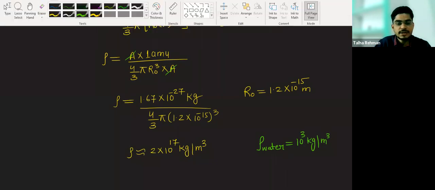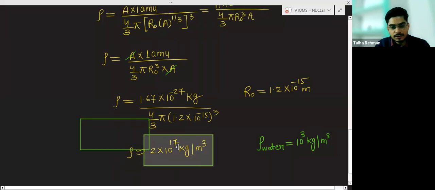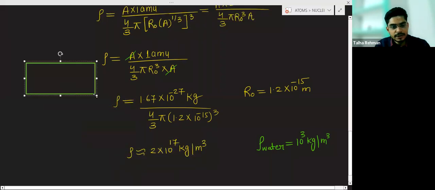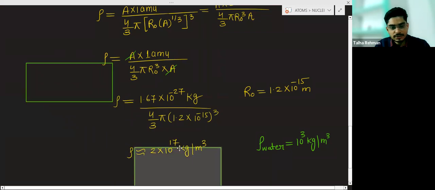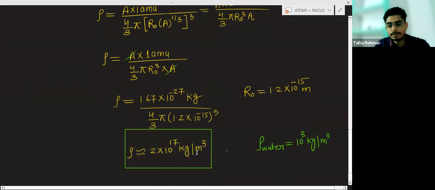So now here is an interesting thing. What is that interesting thing? Density of nucleus is very large. See, density of nucleus is 2 into 10 to the power 17 kg per meter cube.